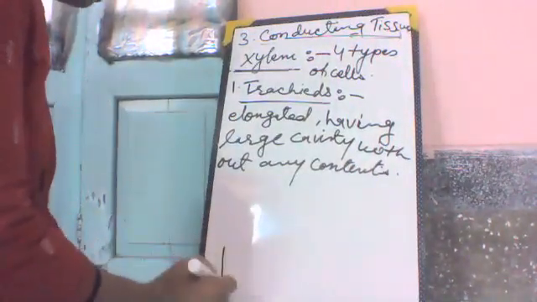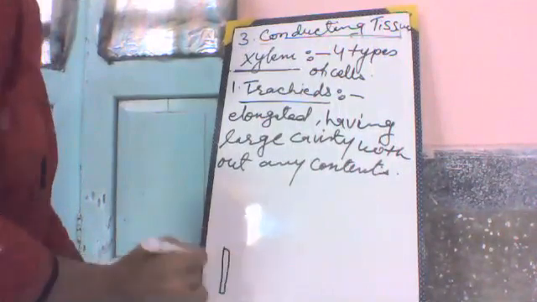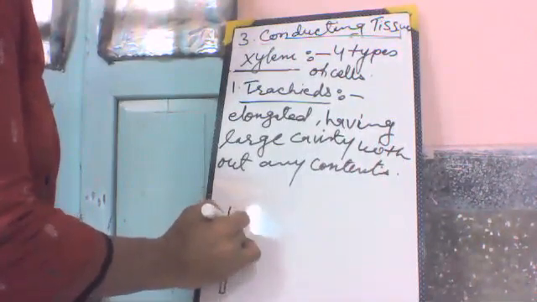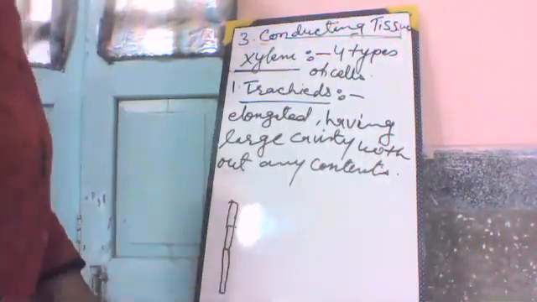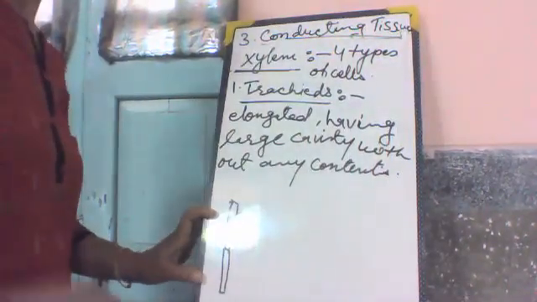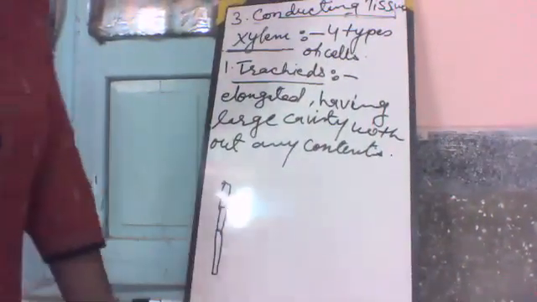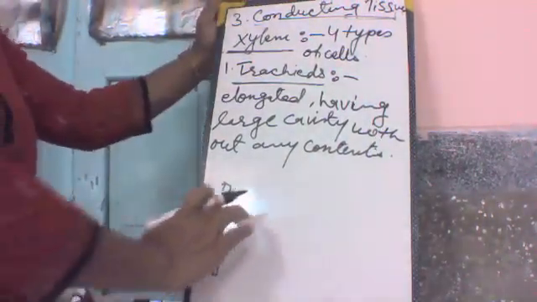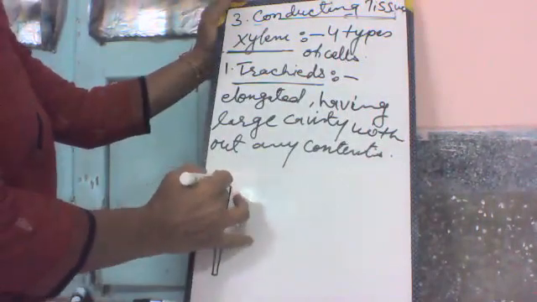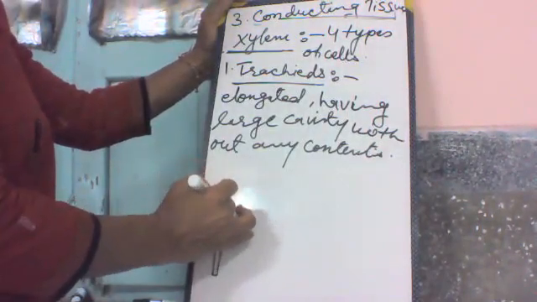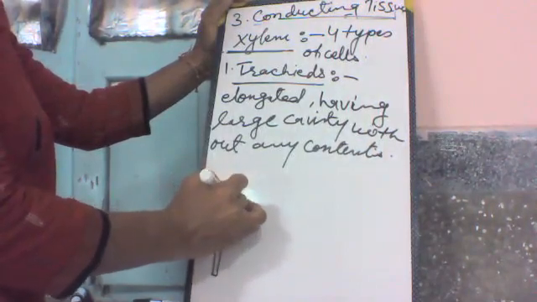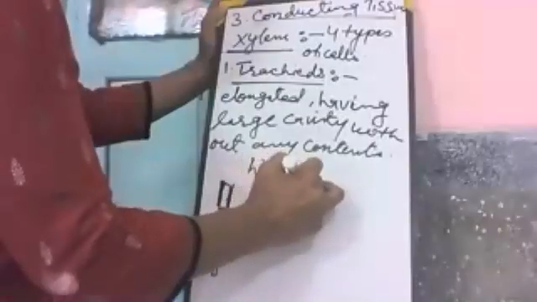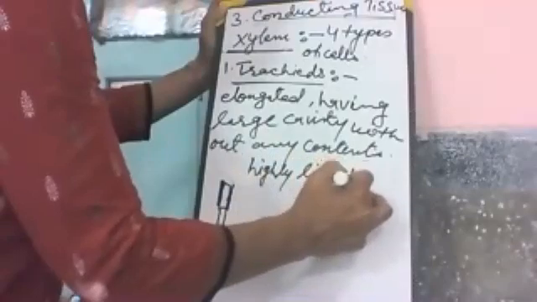This is the cell, elongated; here is another placed on it. These are end to end, and they form a tubular structure. They have thick cell walls, highly lignified. The character of this tracheid is that it is highly lignified.